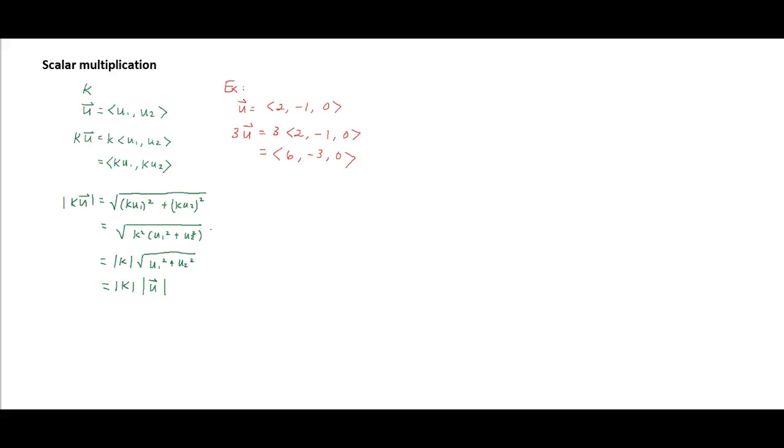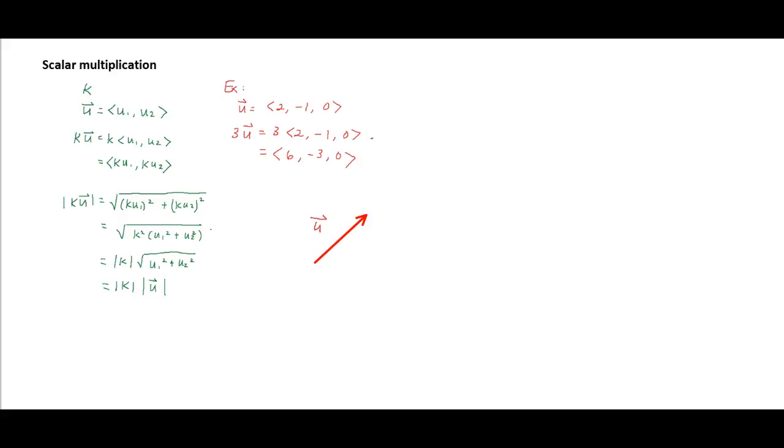So what the scalar multiplication really does is to stretch the magnitude of the original vector by the factor |k|, right? And of course, if k is negative, then it's also going to change the direction of the vector u as well. But with this expression, I think we can look at the geometric interpretation of the scalar multiplication pretty easily. So suppose that this is the original vector u. Then let's take a look at what 2 times u might look like.